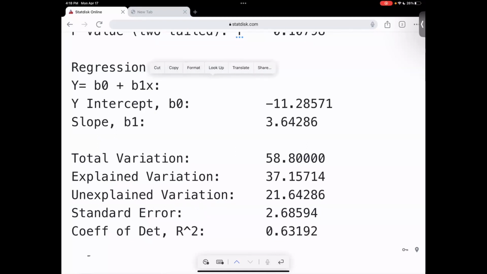Okay, so y equal beta 0 plus beta 1x, and we have beta 0 equal to this value, and we have beta 1 equal to this value. Then y will equal negative 11.286 plus 3.643x.